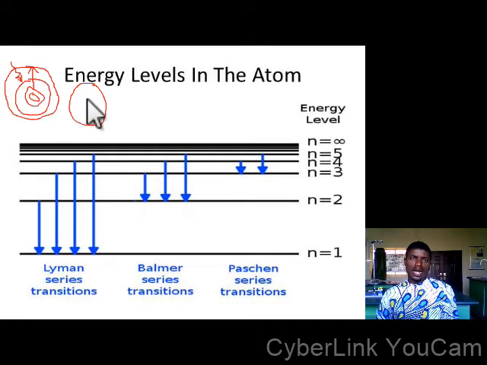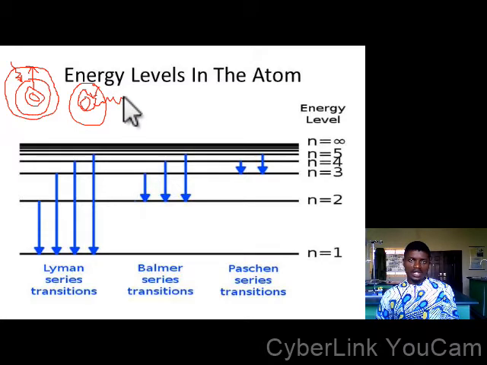So when an electron jumps from a higher energy level, let's look at this second diagram, let's say from this down to this level, we say that the electron emits light.